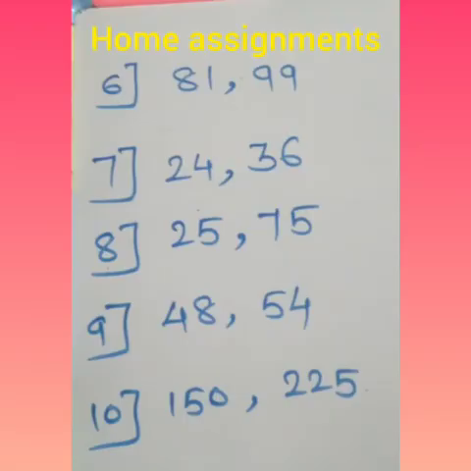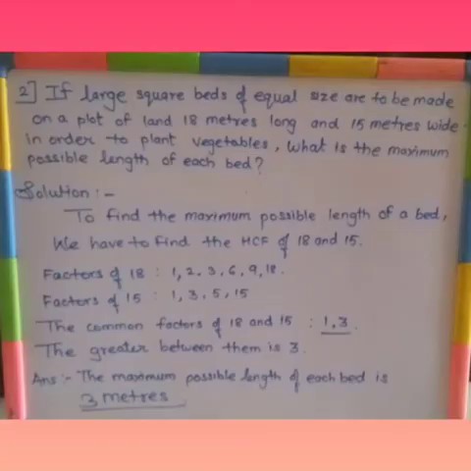Here are some questions given as a home assignment. You have to find out the HCF of given numbers. This you have to write in your maths notebook. Now question number 2.